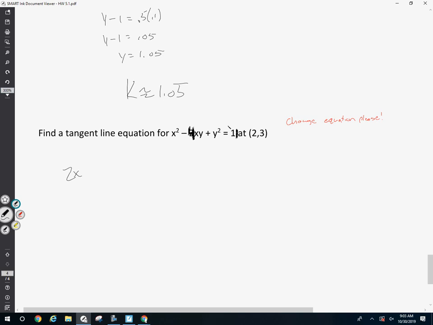Derivative of x squared. You can either bake in the 4 or leave out the 4. I don't care. Let's bake it in. Derivative of negative 4x times y plus the derivative of y times negative 4x. The negative 4 gets baked in. Plus 2y dy dx equals 0. Subtract the 2x, add the 4y.